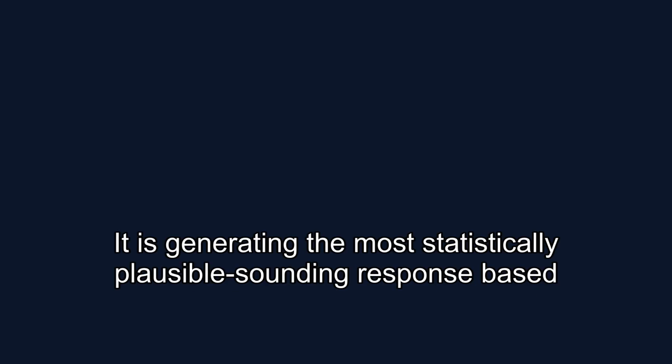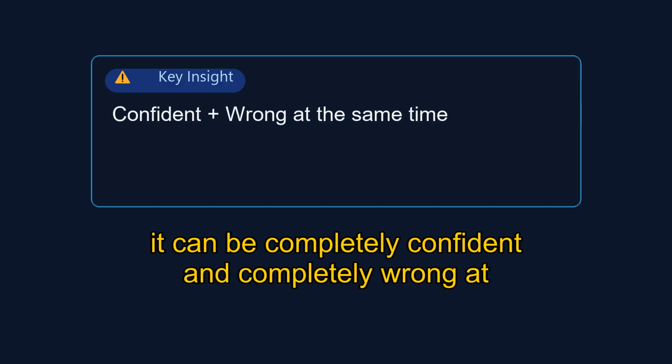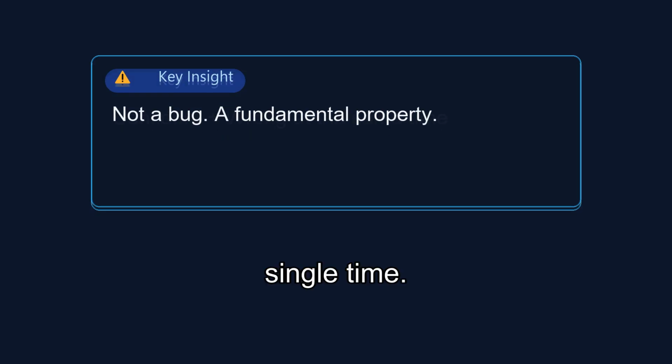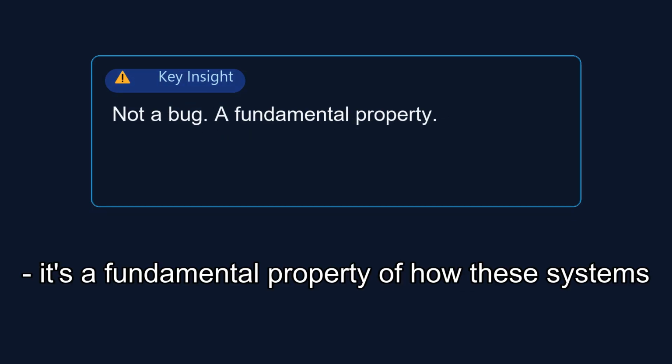It is generating the most statistically plausible sounding response based on everything it was trained on. And plausible sounding is not the same as correct. There is no internal fact checker. None. So it can be completely confident and completely wrong at the same time. Every single time. And that's not a bug they forgot to fix. It's a fundamental property of how these systems work.